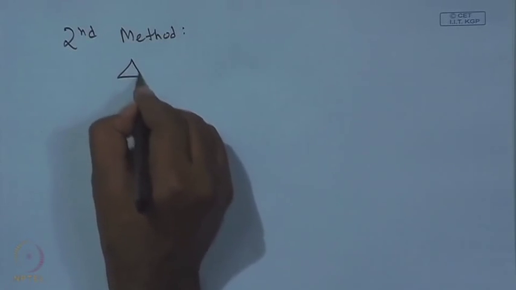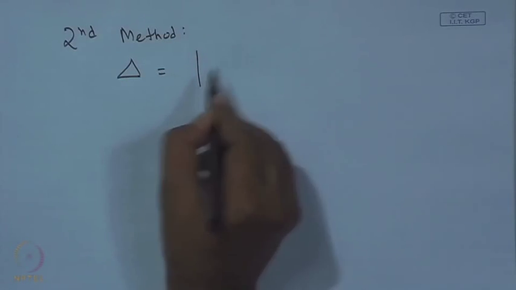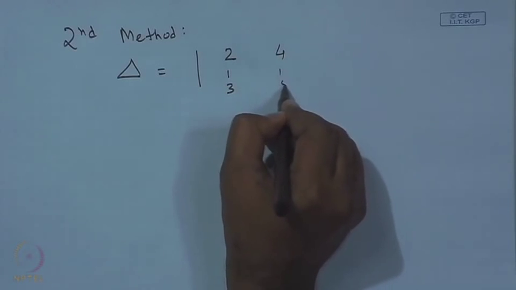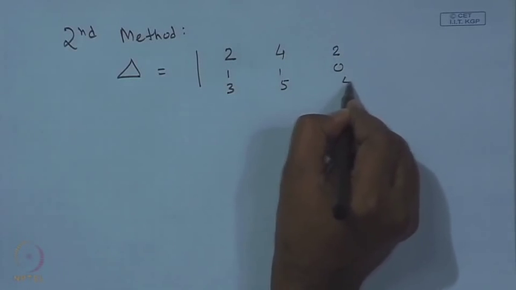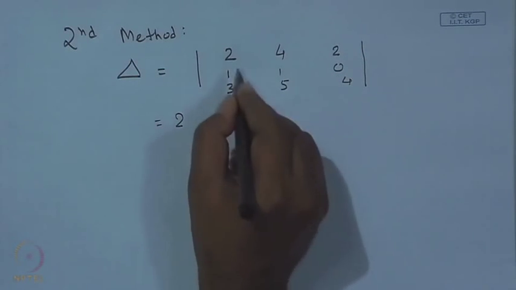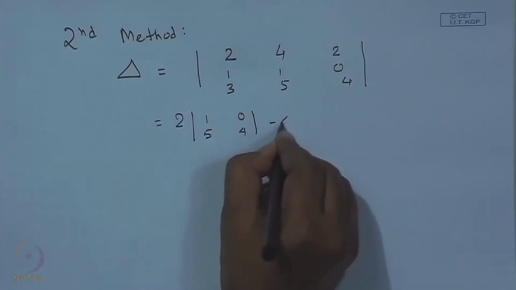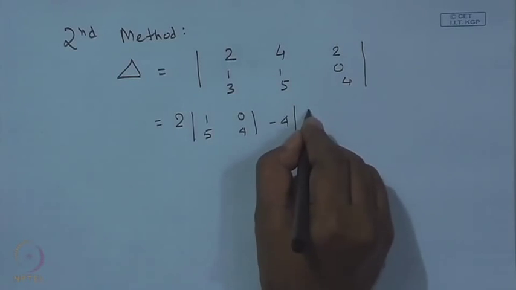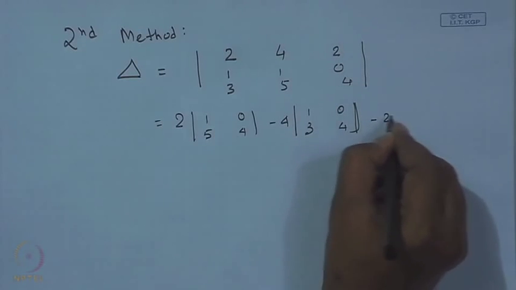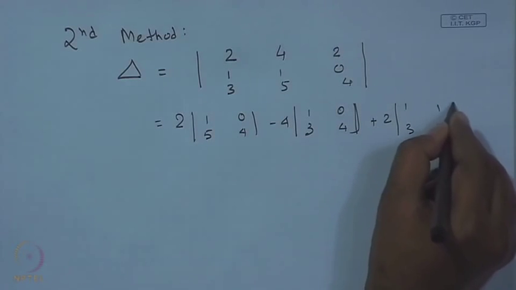So, the determinant is constituted by these coefficients, that is by these elements 2, 1, 3, 4, 1, 5, 2, 0, 4, and if you would like to simplify, 2 times 1, 5, 0, 4 minus 4 times 1, 3, 0, 4 plus 2 times 1, 3, 1, 5.